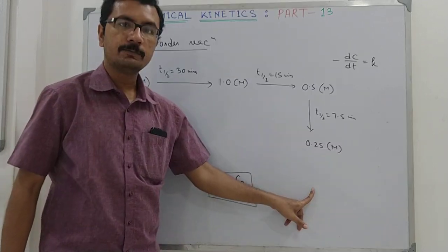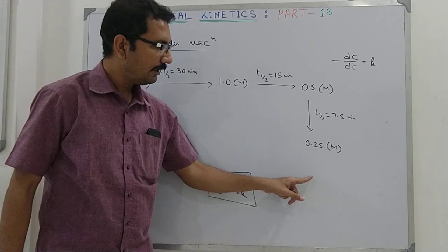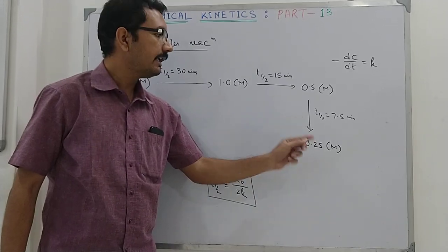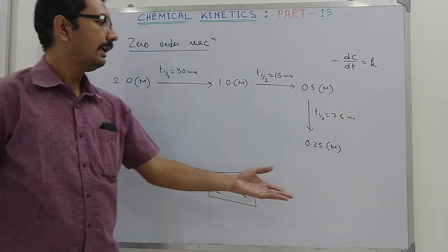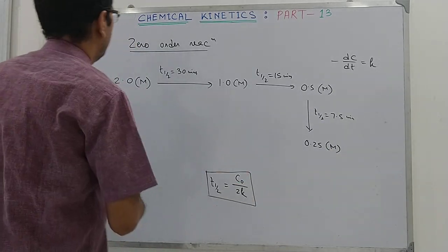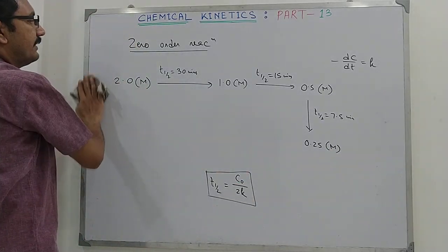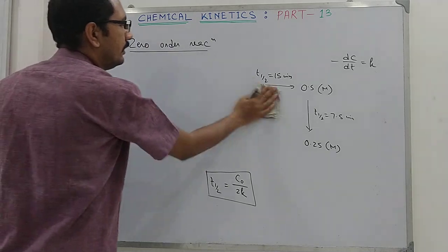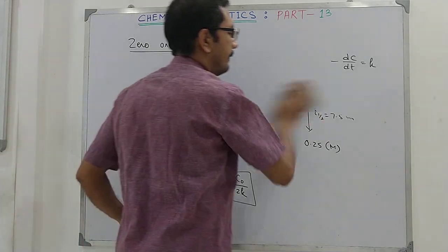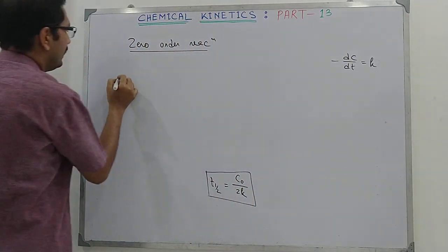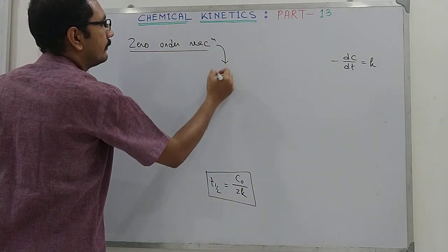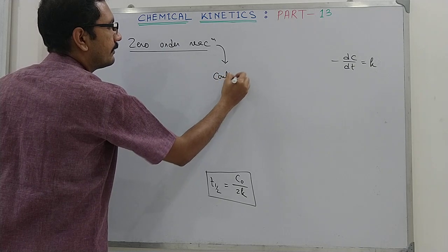So when it tends to 0, to get it half, the time tends to 0. So the reaction will come to an end. So unlike first order and second order reactions which do not complete, we see that a zero order reaction actually completes. It completes.